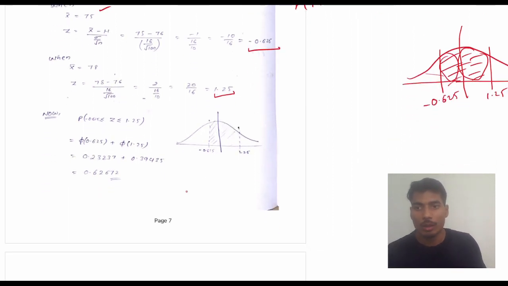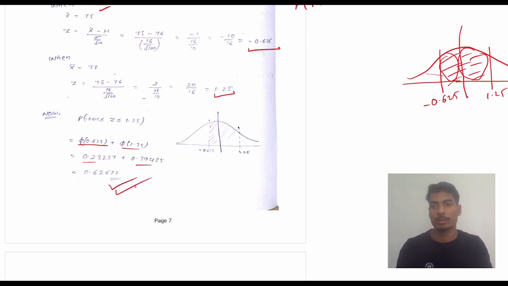So see here, 0.5 plus the area for 0.25 plus the area for 1.25. If you look up these values in the z table, you will get them, and after summing you get the answer.